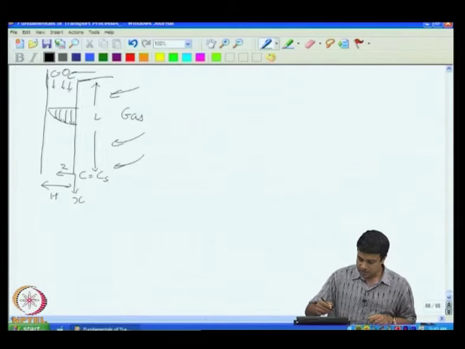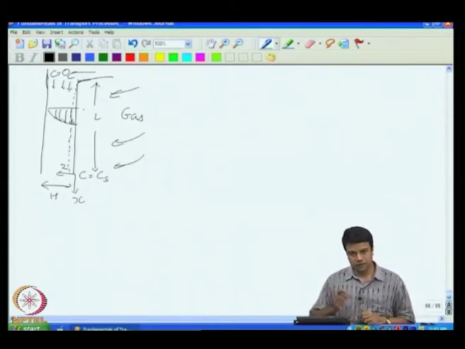Now, as the gas comes in contact, you would expect that initially the concentration is 0 in the fluid. As it comes into contact, there will be a thin layer of fluid at the surface where the effect of this dissolution of the gas at the interface is felt. This is the equivalent of the penetration depth in our previous case.